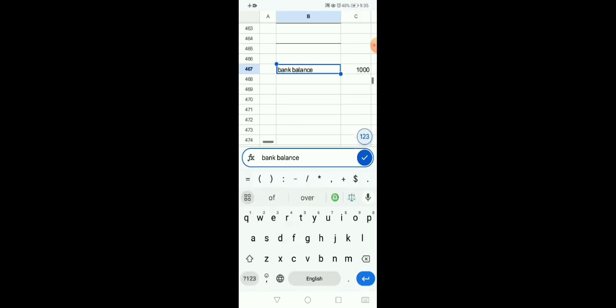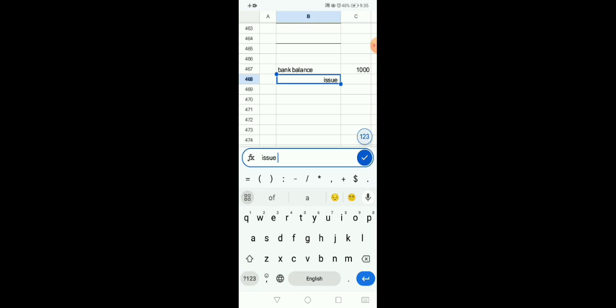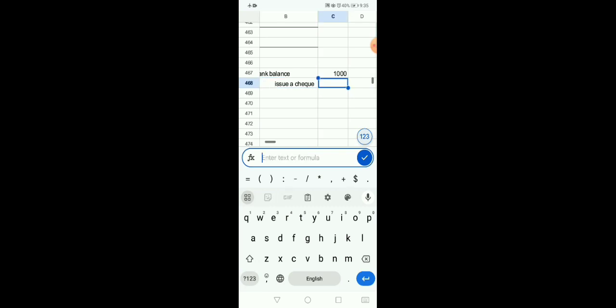You have a bank balance of 1000 and you want to issue a check for more than 1000. Suppose that amount is 1200. 1100 is also okay, but 1200. So you want to issue a check of 1200 rupees while your bank balance is just 1000 rupees.